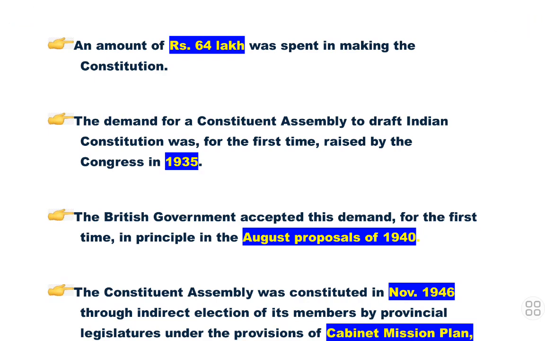The demand for a constituent assembly to draft the Indian constitution was for the first time raised by the Congress in 1935. The British government accepted this demand for the first time in principle in the August proposals of 1940.